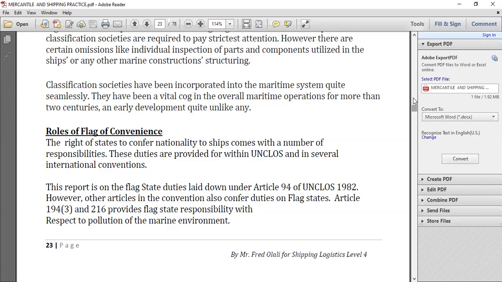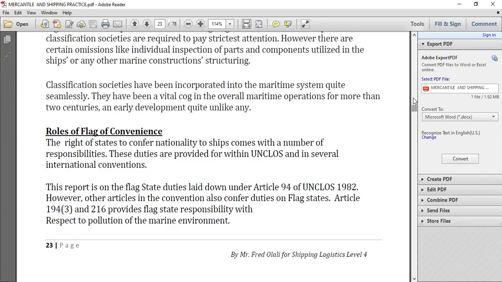So a ship normally flies 2 flags. There is one flag at the short mast and there's one at the top mast. The one at the short mast, either at the stern or at the fore, that is at either the front part or the back part, and again at the topmost part.